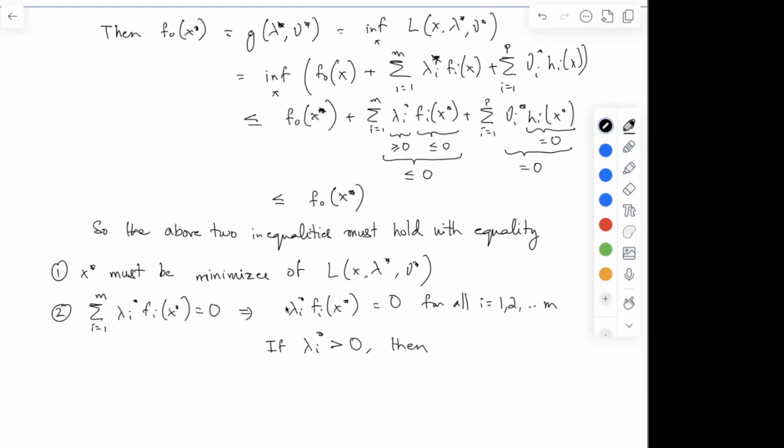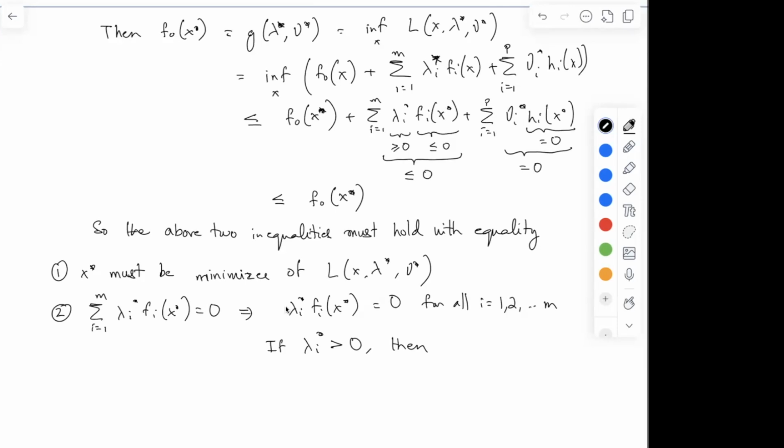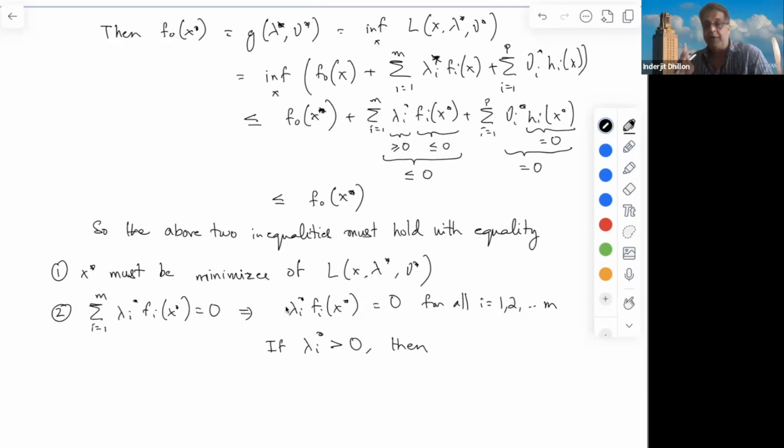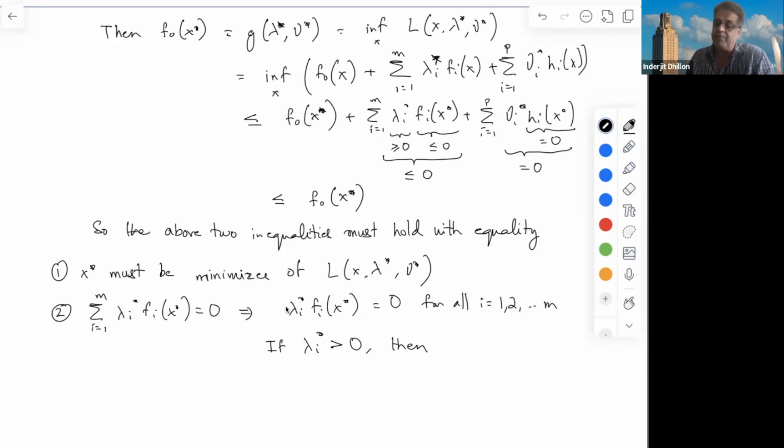The corresponding f_i(x star), that's just the ith linear inequality, right? So if the corresponding dual variable is non-zero, then this inequality must be met with equality.